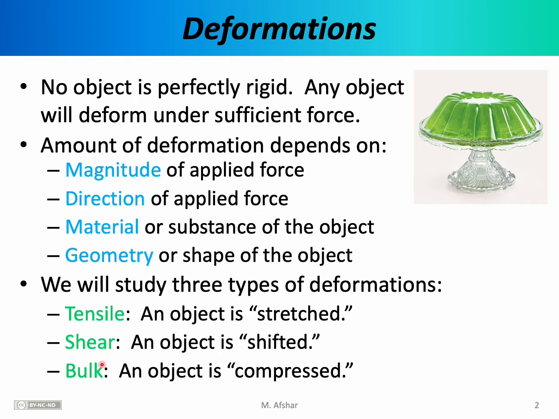Roughly speaking, the shearing of an object refers to the shifting of different faces of the object relative to each other. And we'll also discuss bulk deformations, in which an object is compressed, thereby changing its volume. We'll provide exact equations for each one of these deformations in the rest of this lecture.